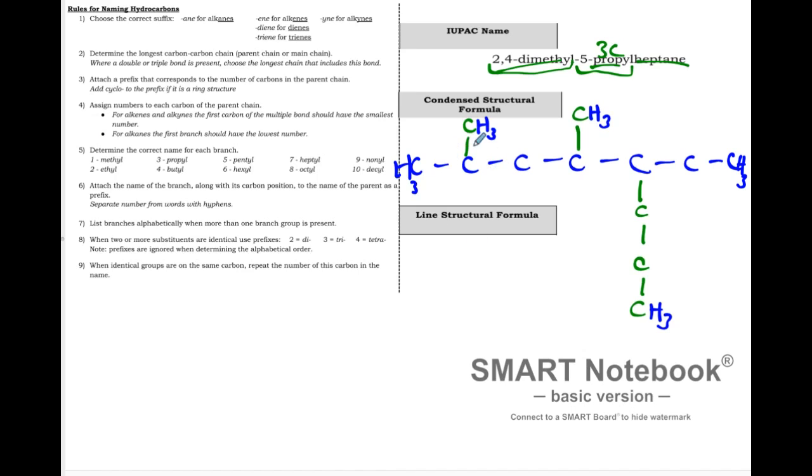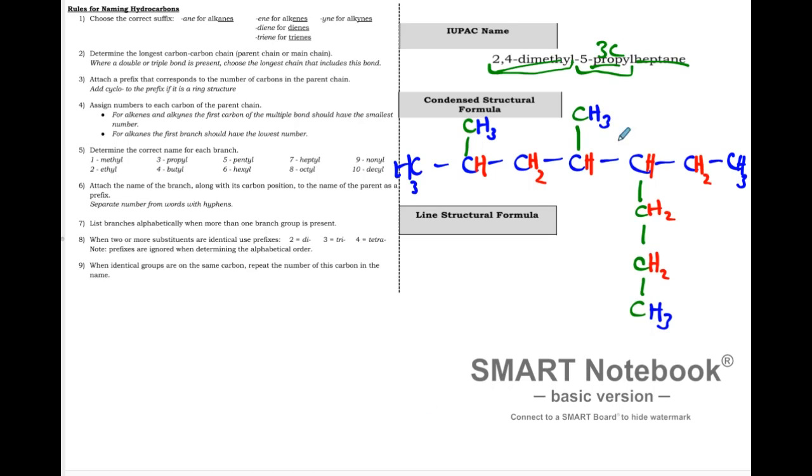In this case, we have 3 bonds, so we need only 1 hydrogen to have 4 bonds around the carbon. Here, we need just 2. So this is our condensed structural formula. Oh, I forgot my CH2s here. 1, 2, 3, 4, so CH2.